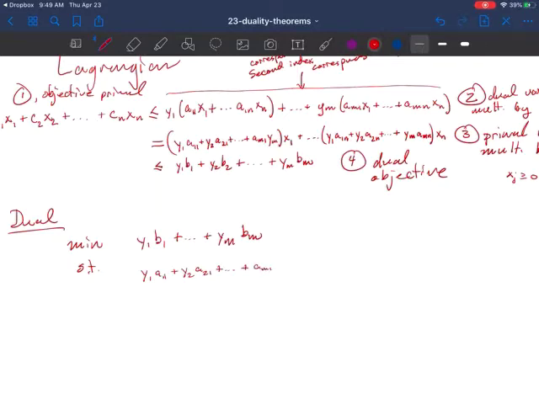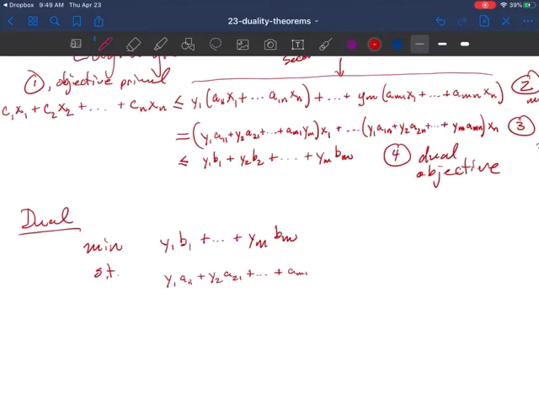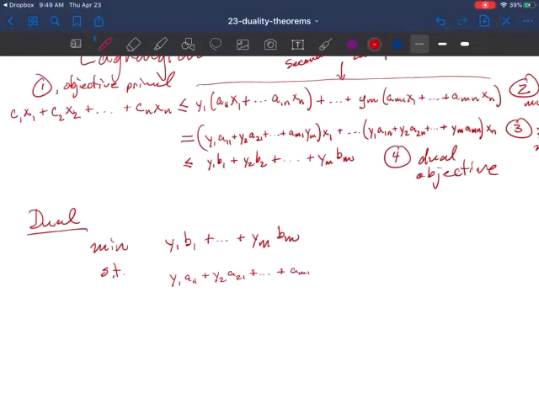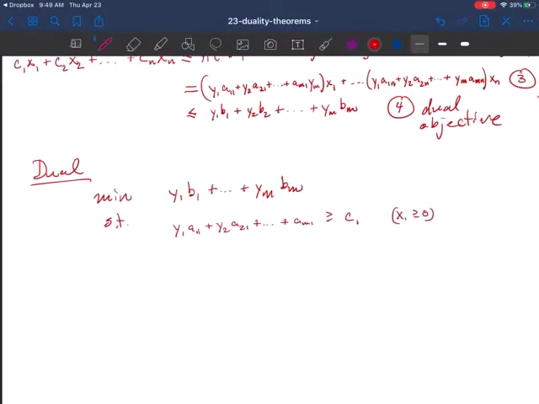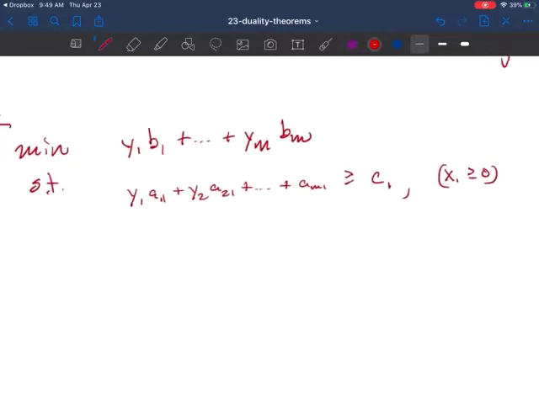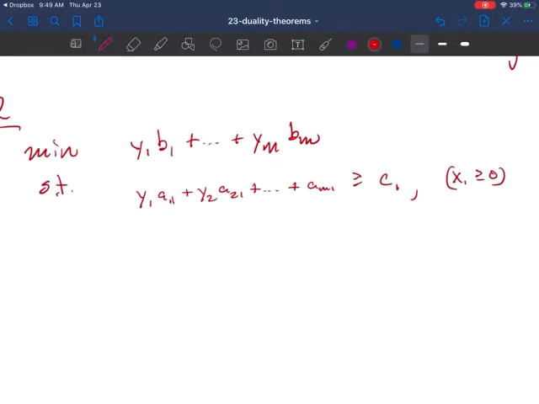So the first one is y1, a11, plus y2, a21, plus dot, dot, dot, plus ym, am1. And I preserve that inequality. It's preserved, so this is greater or equal to c1. Okay, and that's because x1 is non-negative. And that's true throughout, right? The next one is the same pattern.